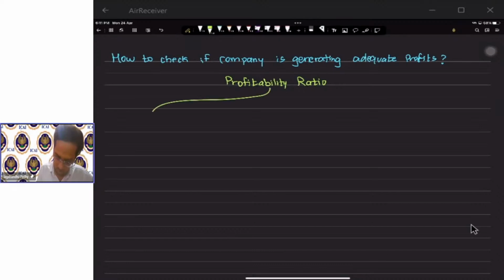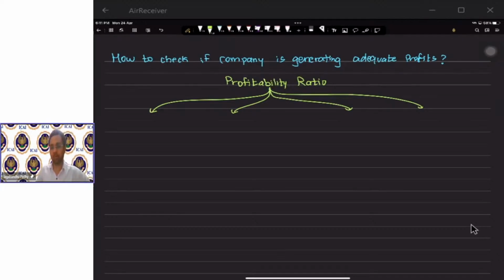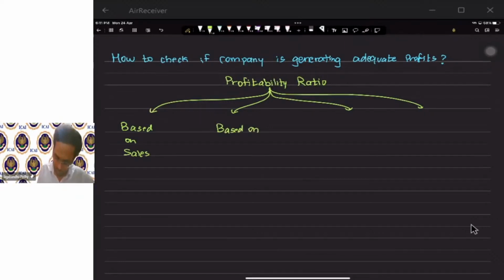Right? So profitability ratio, we have got 4 important profitability ratios or 4 categories basically. First is the profitability ratio which are based on sales. Second is based on return on investments.